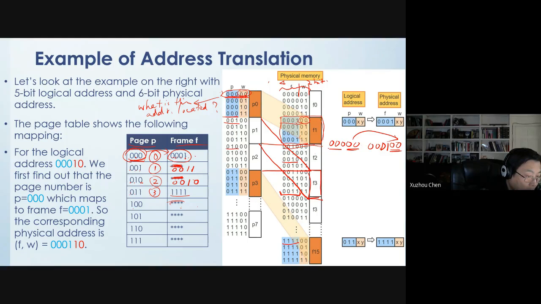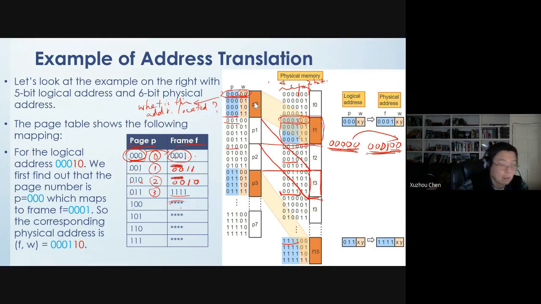So the logical address 00000 maps to physical address 0000100. Okay, so now the CPU is going to find out that's the physical address for the first instruction. So I'm going to actually fetch the instruction in this physical memory location. This is how I map the logical address into the physical address.